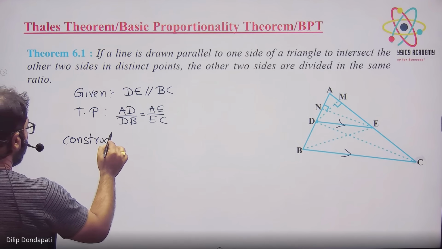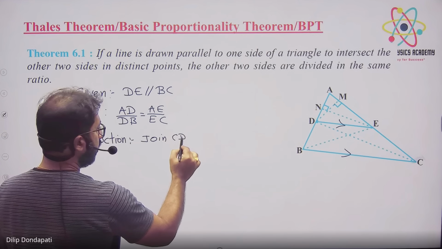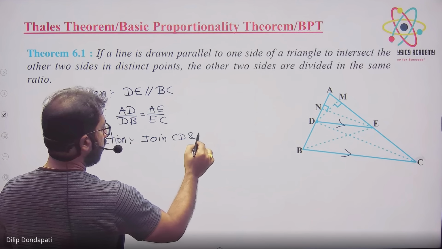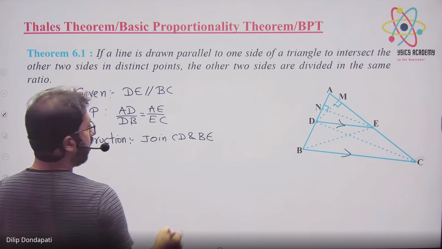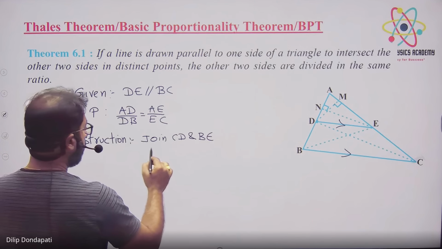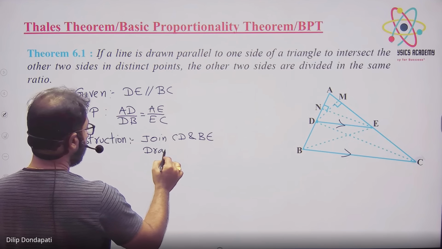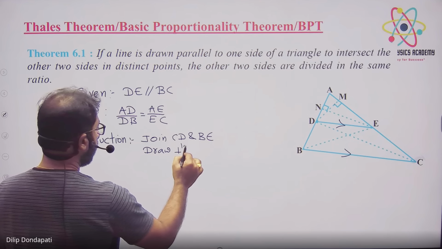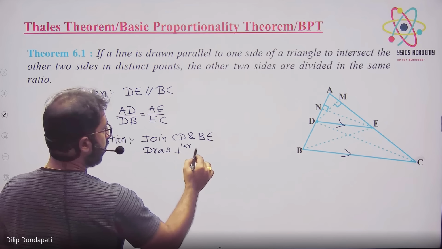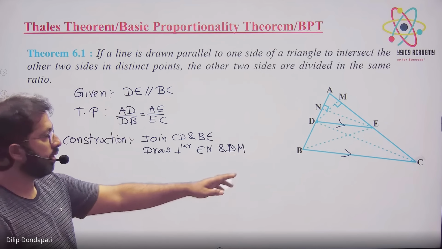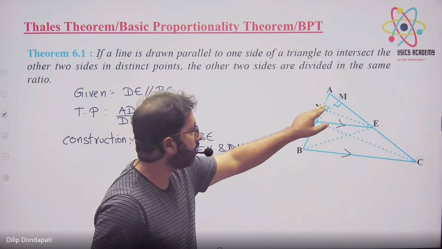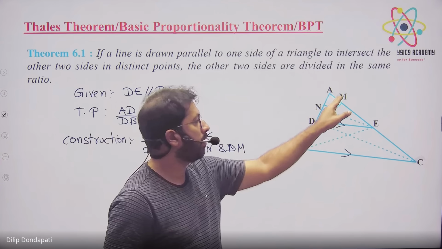Construction: join CD and BE and draw perpendiculars EN and DM. We are drawing two perpendiculars. From here I am drawing one perpendicular at 90 degrees, and from here another perpendicular.